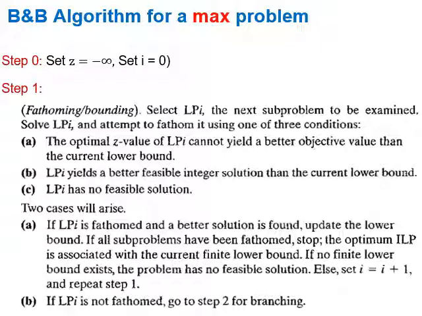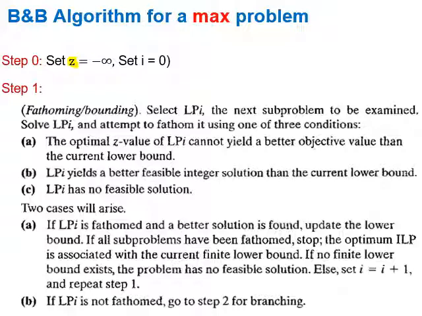Step 0 in algorithms, there's always a step 0. Step 0 is in fact the initialization step. Here you initialize your counters and so on in the algorithms. For example, in this branch and bound algorithm, it says set z equal to minus infinity. Z here represents the objective function value of the integer solution.